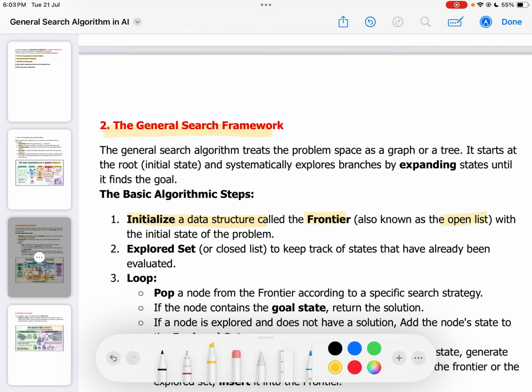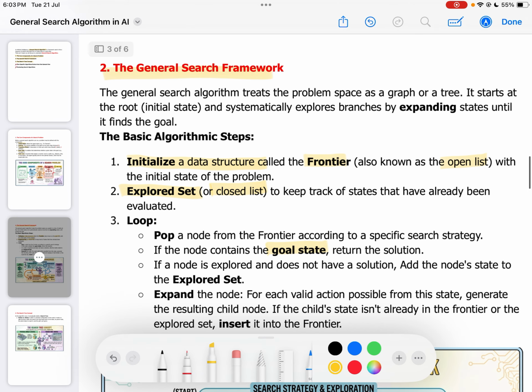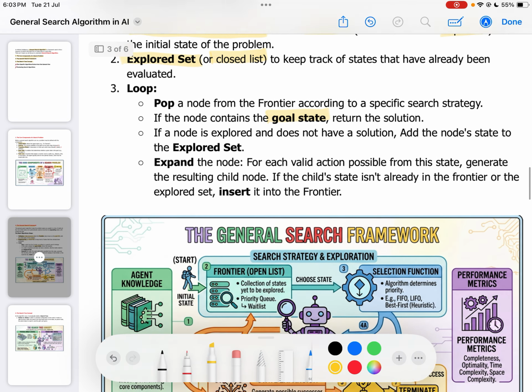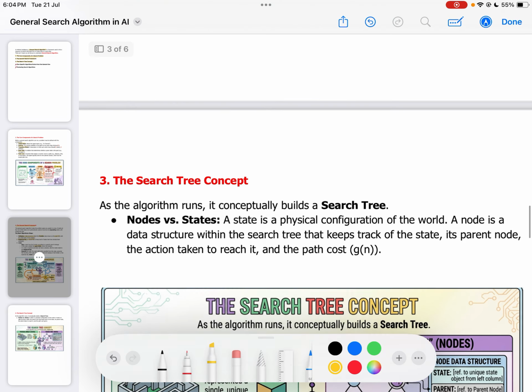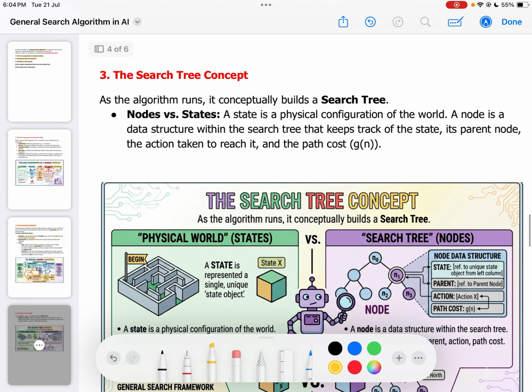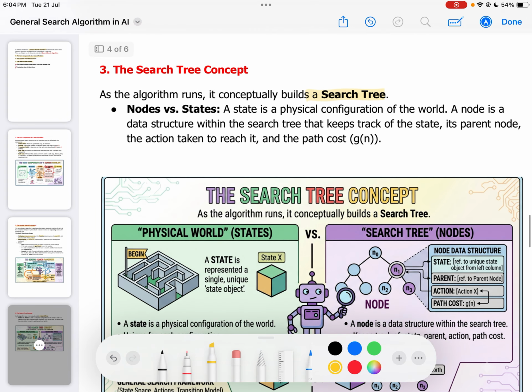It is an open list, and there will be an explored set, which is a closed list. Third is the goal state and how it explores through that to reach the goal. Now, every AI search is converted to a tree, search tree, and it's basically a data structure. So that is what this tree concept is.